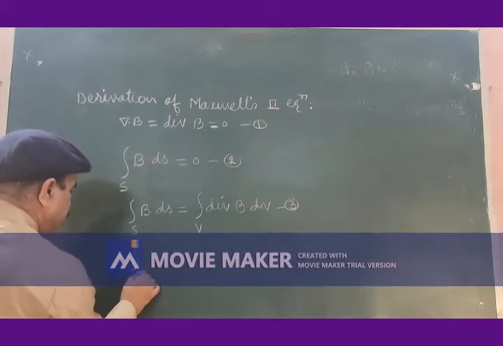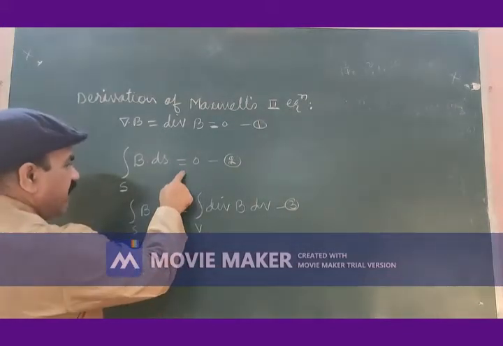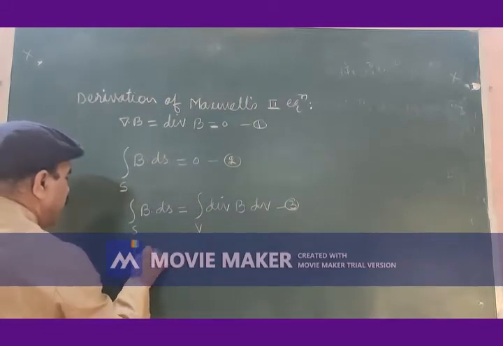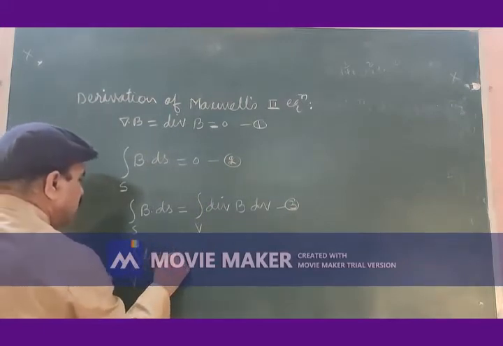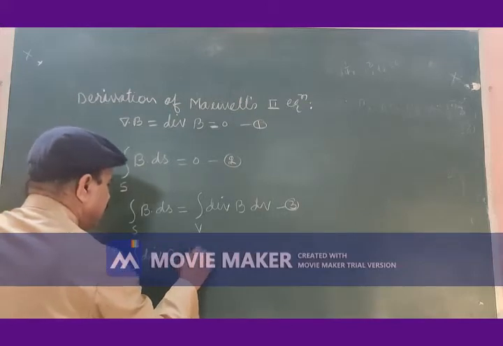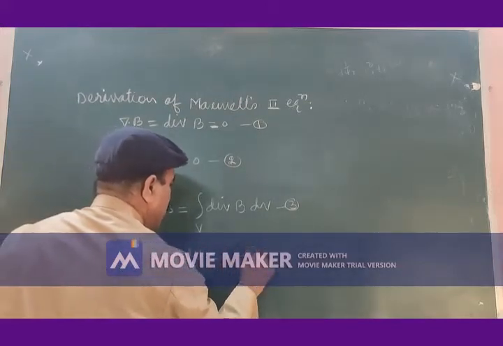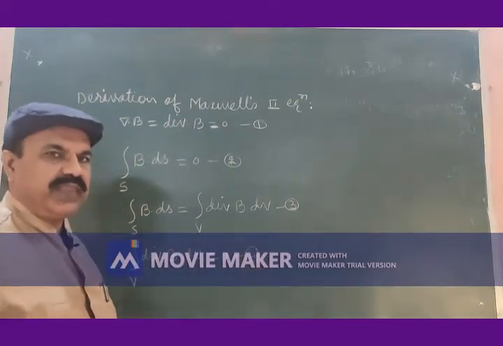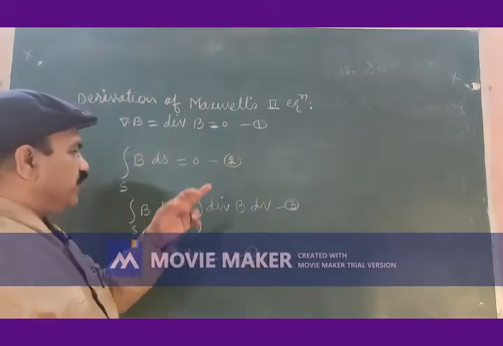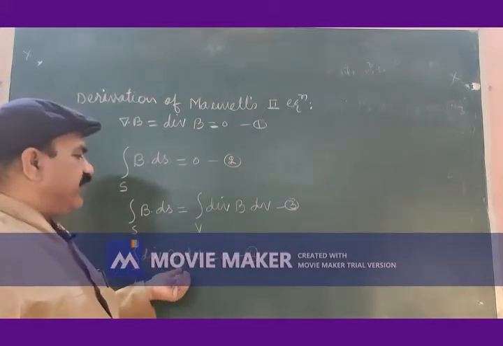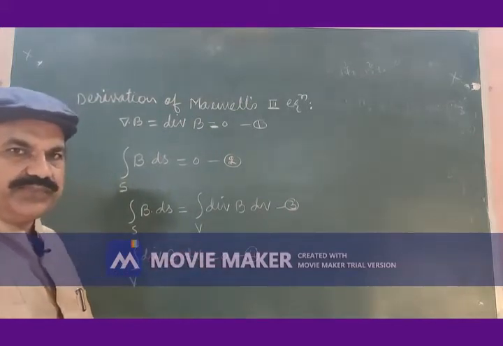Comparing equations 2 and 3, we may further write volume integration of divergence of B dv is equal to 0, equation number 4.